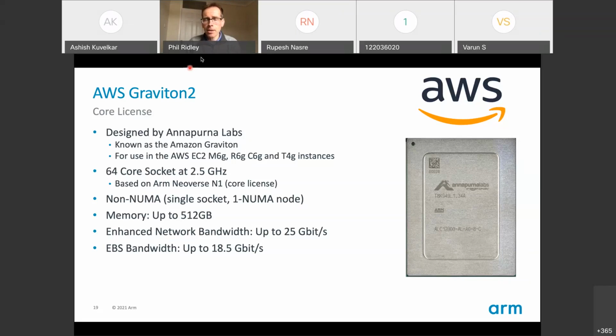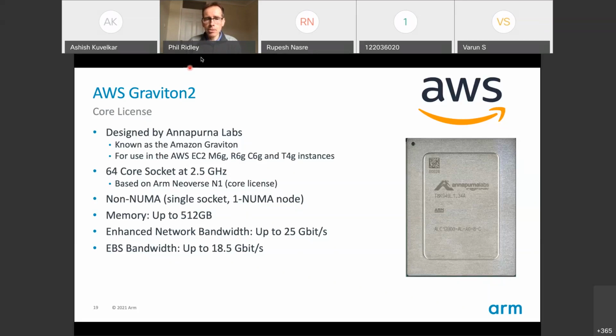The way it works is that you can end up sharing resources with other users, or you can have the whole physical processor to yourself, depending on what you want to request from Amazon. But if you request the full node, then you get 64 cores per socket, and the socket is arranged as one NUMA node.